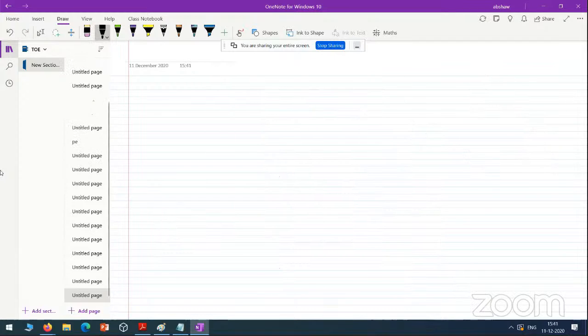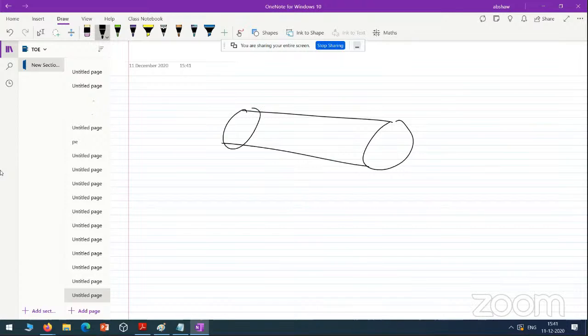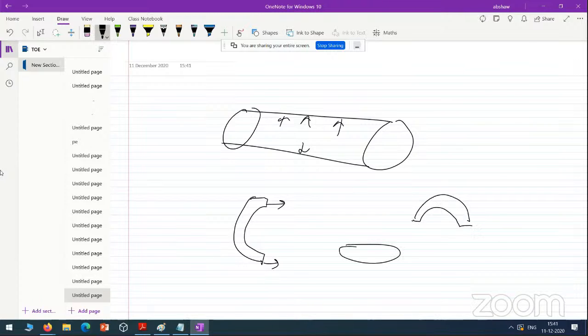For instance, take a cylindrical pressure vessel with an internal pressure P. There is hoop stress along the circumferential direction, and if you cut it across, you have another stress along the longitudinal direction.